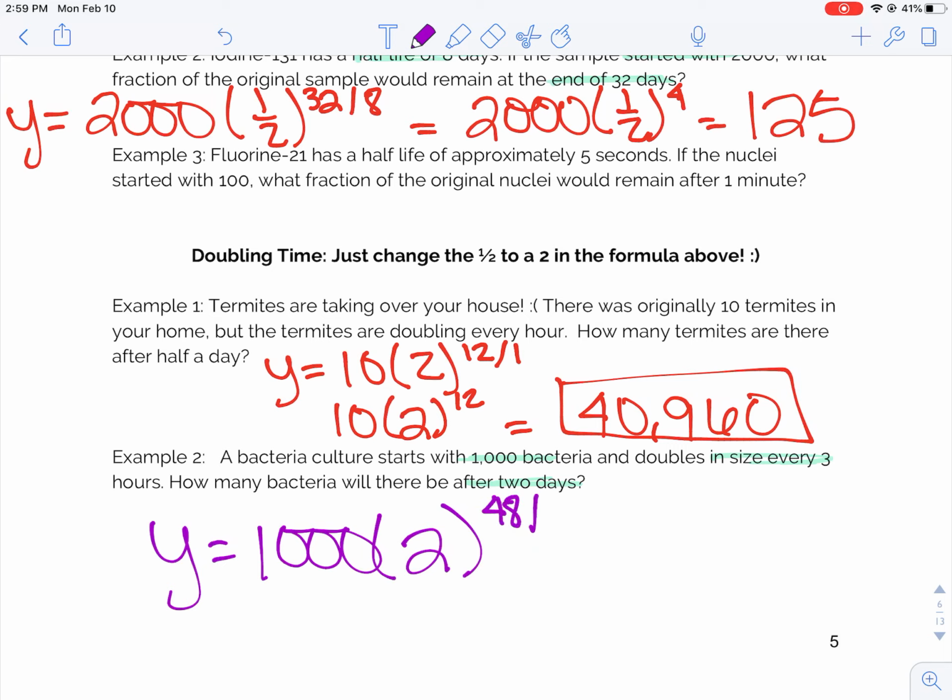So 2 days would be 48 hours, and I'm dividing it by 3, which gives 16.